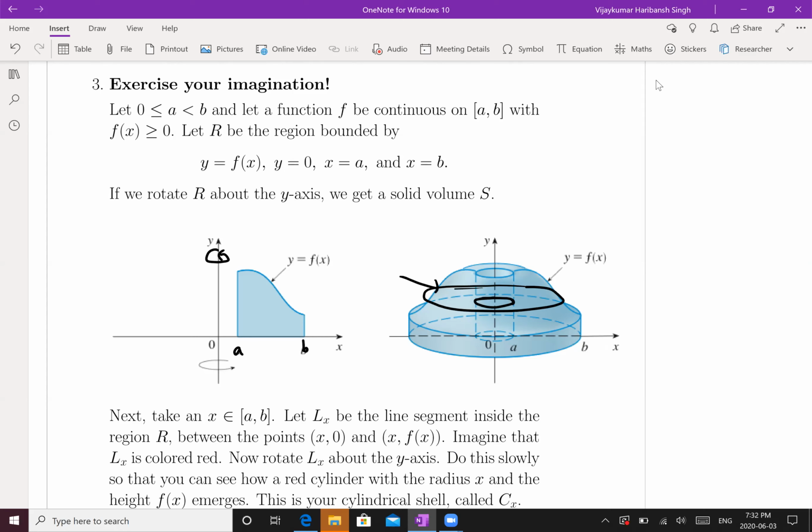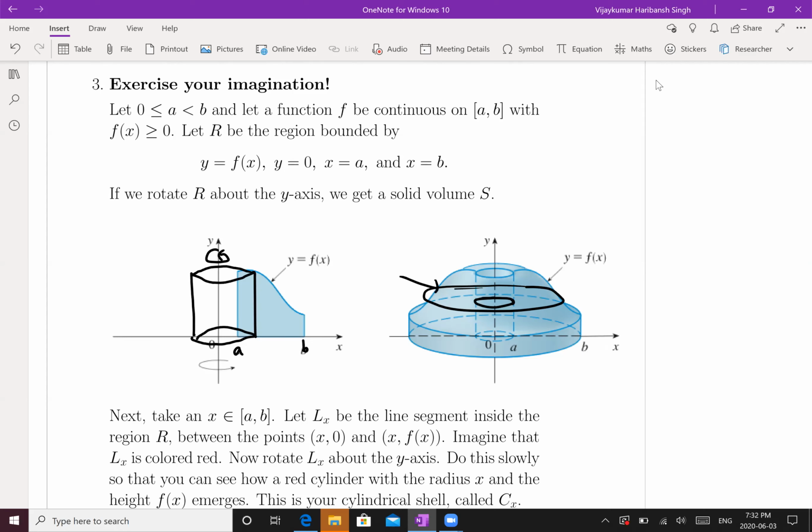But instead of doing that, what you do is the following. You take one length like that, and you rotate it around, and find the volume of this cylindrical shell.